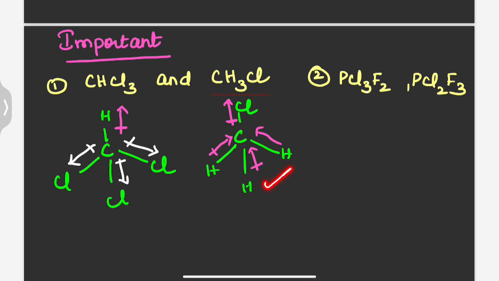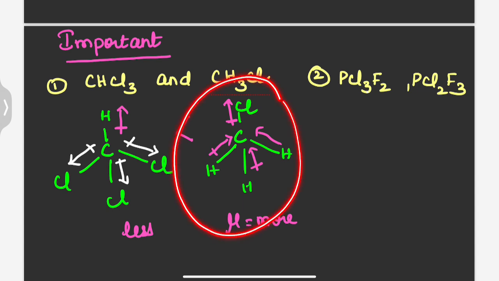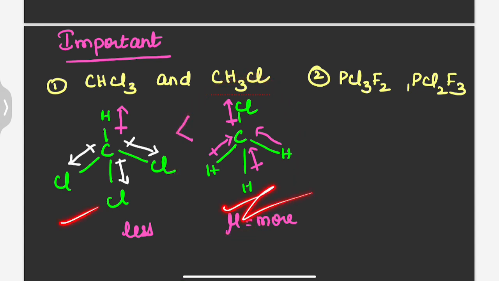If all are in the same direction, the dipole moment will be more here. Therefore you can write that the dipole moment here is more and here it is less. So you will write that the dipole moment of this molecule, CH3Cl, will be more when compared to this.